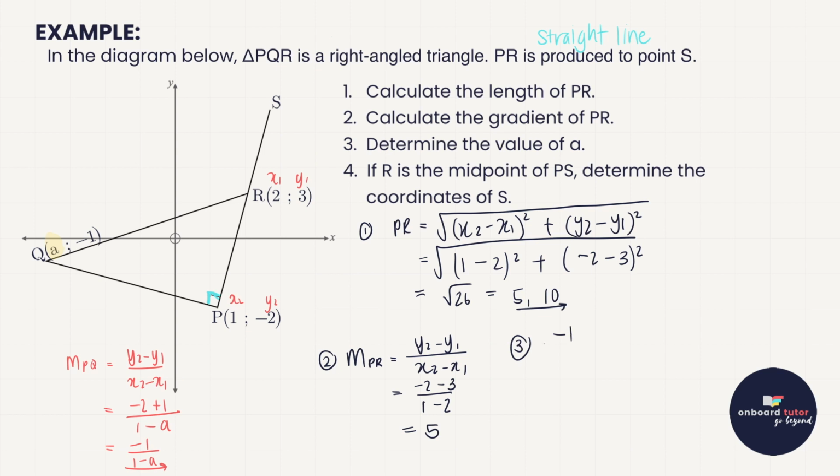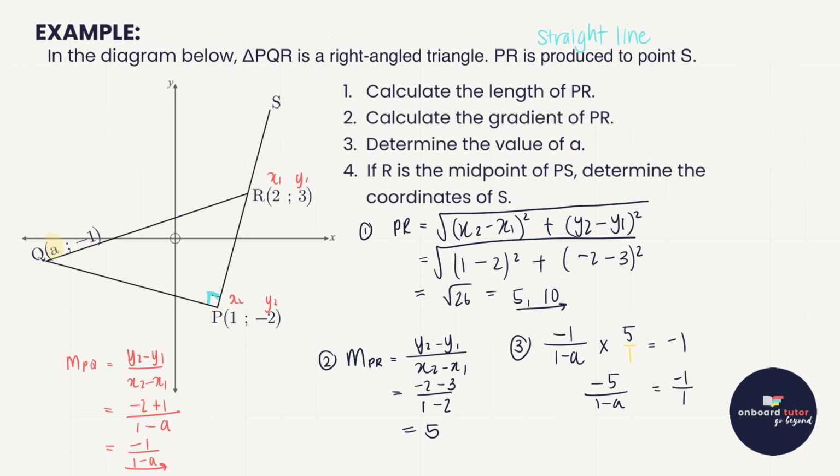So we've got minus 1 over 1 minus a multiplied by 5. I'm going to make that 5 over 1, just because that does make my life a bit easier when I have to multiply fractions. And it needs to equal minus 1. Okay, so what do we have? We've got minus 5 over 1 minus a is equal to minus 1 over 1.